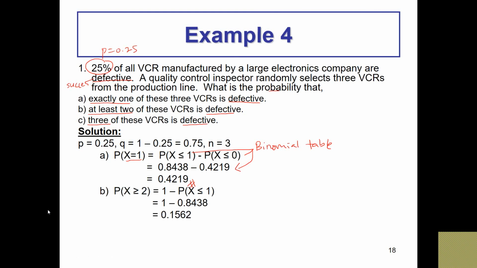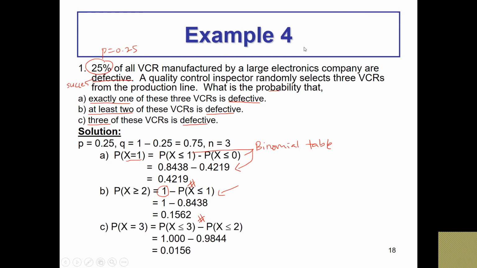Okay, simple. Now in this case, of course, at least 2. Because of the property, again, you can find it from the binomial table. And finally, you should get this value for your probability. And finally, all of these VCRs are defective, so it means exactly 3.